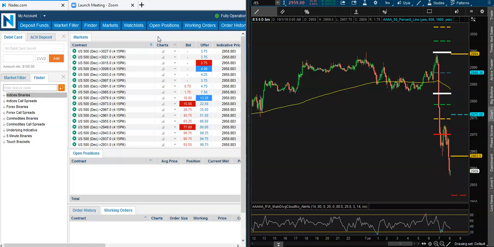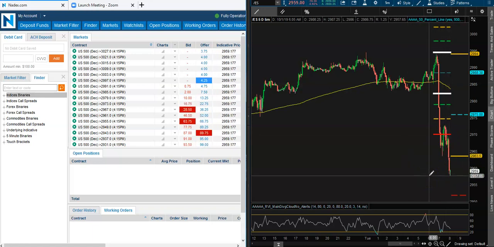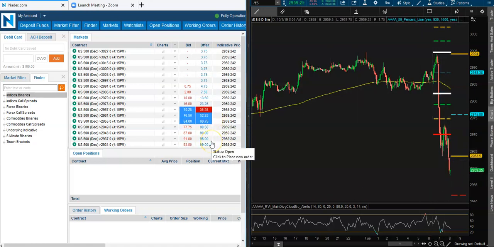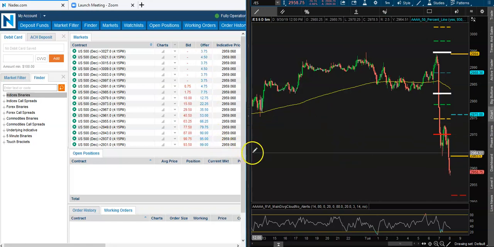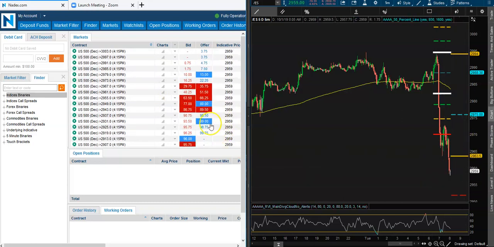Gotcha. Now, here's one of the great parts, right? If instead of doing that, you could look for the bigger moves, correct? And if you actually get that bigger move, you're not risking as much. See, when you buy in the money, or even at the money, like right here, if I think we're going higher, we're at 59.